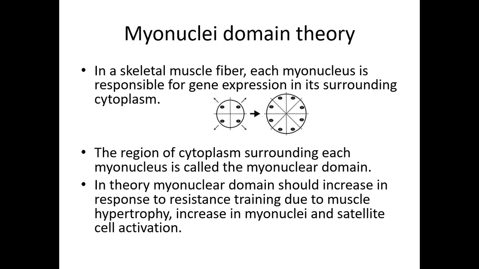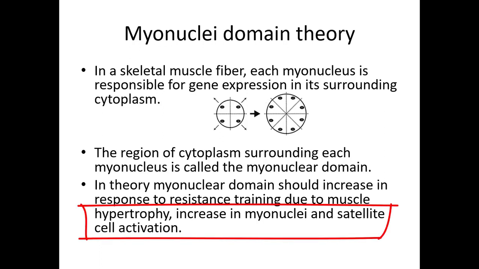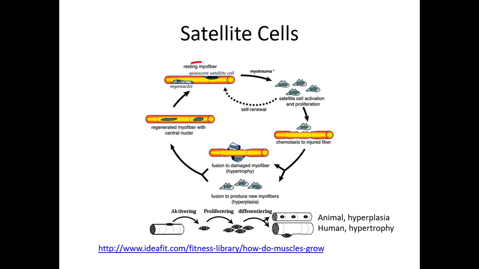In theory, myonuclear domain should increase in response to resistance training due to muscle hypertrophy, increase in myonuclei, and satellite cell activation. Satellite cells provide additional nuclei within the muscle fiber.